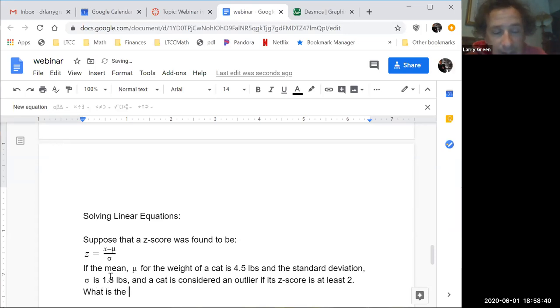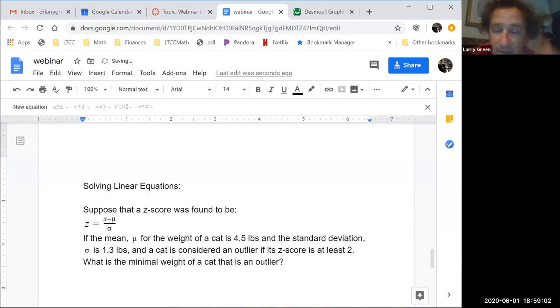What is the weight of a cat? Actually, what is the minimal weight of a cat that is an outlier? Any questions on the question?